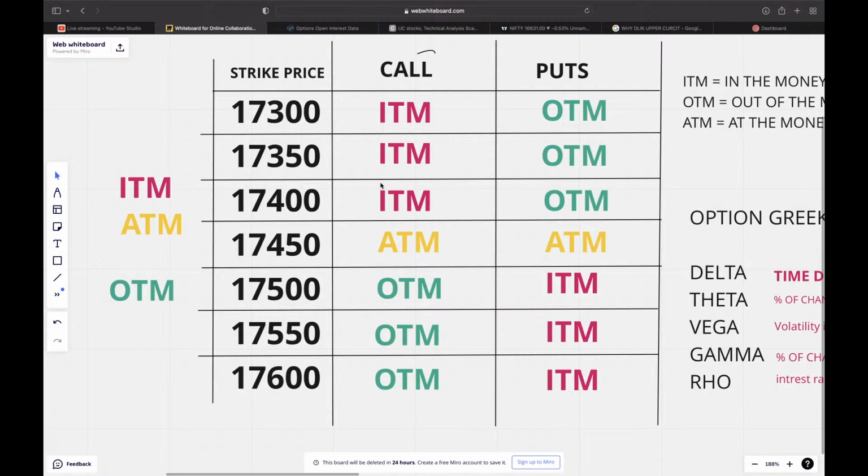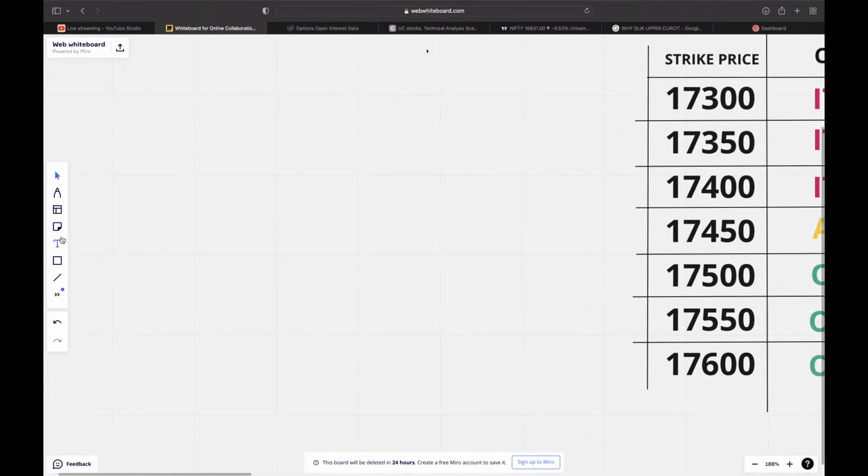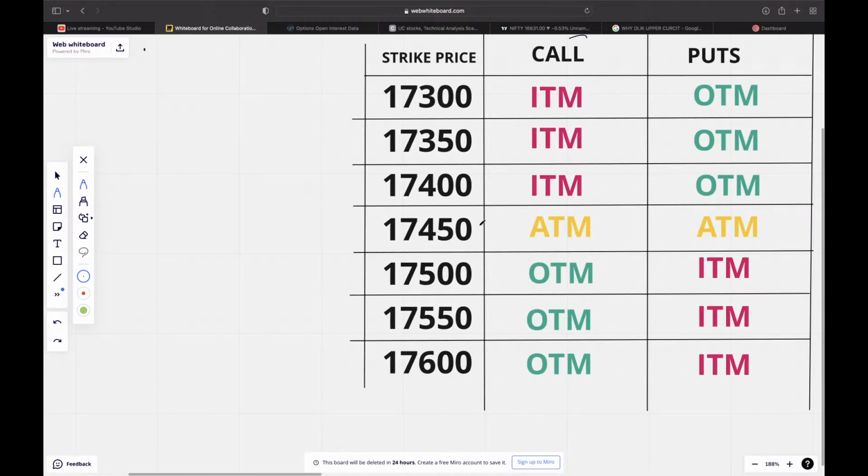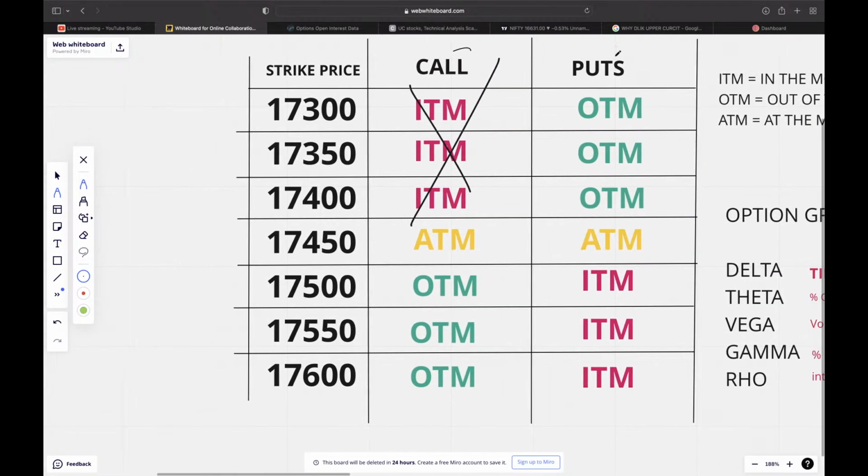Now you will be asking me a question: sir, why are we learning this? This is for you to be safe in F and O, futures and options. When you trade in the money, these are most risky. So you never start with in the money.